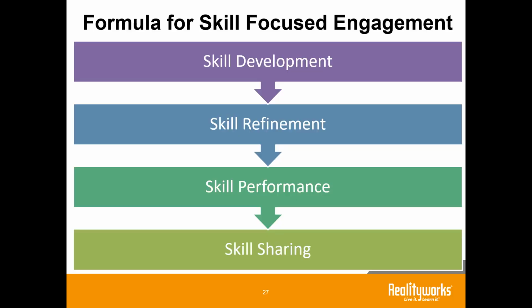Now, how we look at this, we have a formula that we call skill-focused engagement. The way this formula works is it starts with focusing on skill development. Once you have a good base knowledge of understanding of the animal or the concept or the process, we then go into skill refinement. Once we have refined some of those motor skills, some of those abilities, we focus on skill performance.